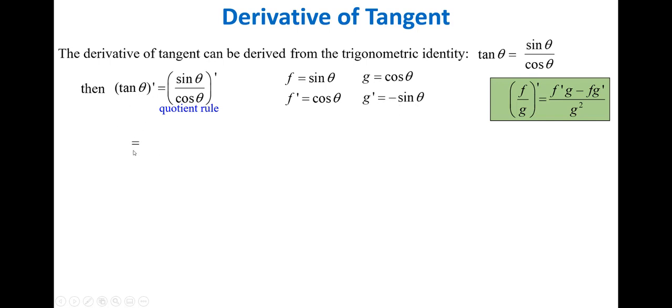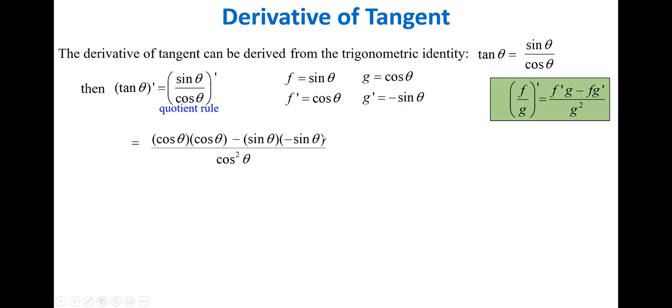Then tangent of theta prime would be f prime g, cosine of theta times cosine of theta, minus f g prime, which is sine of theta times negative sine of theta, all over g squared, which is cosine of theta squared.